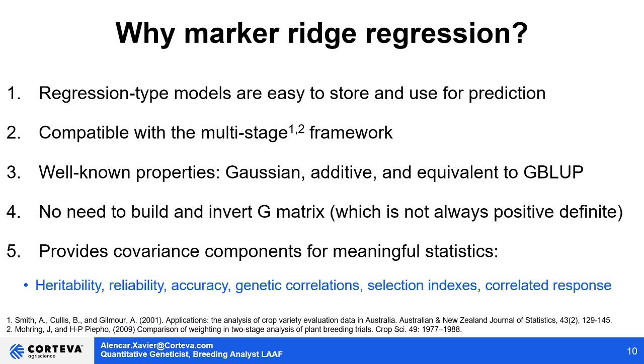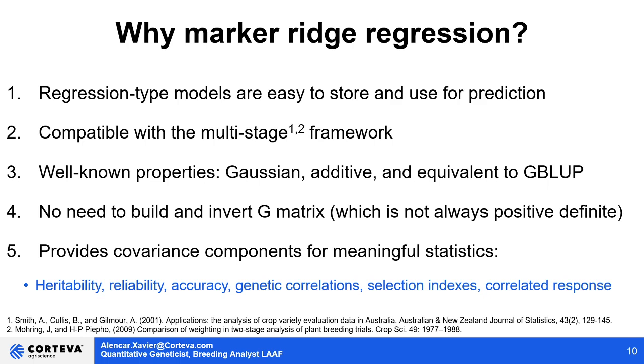And that's an advantage. Why? Because G is not always invertible, and every time you have to do some sort of bending or adding a value to the diagonal of G, you actually are choosing to lose precision. So the G matrix can be cumbersome, especially because we work in plants where more often than not we have more observations than markers.